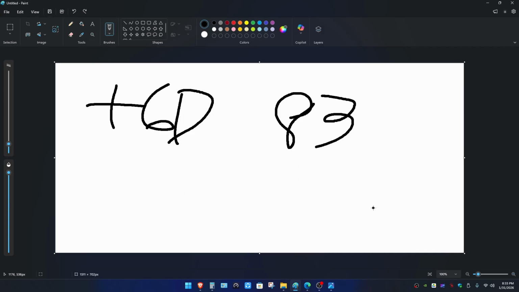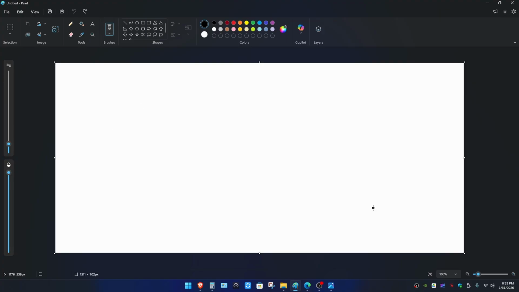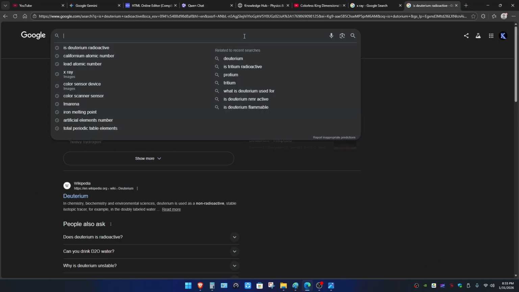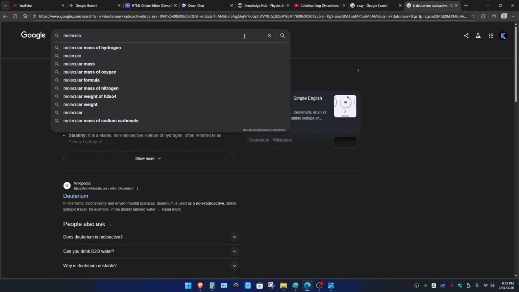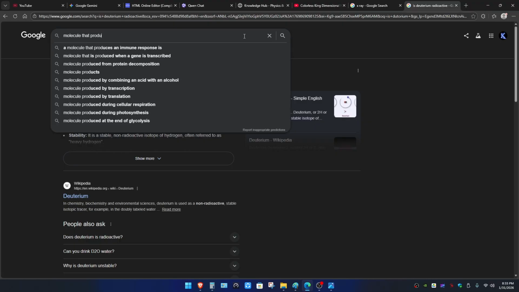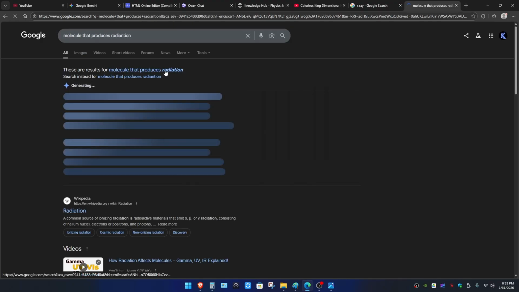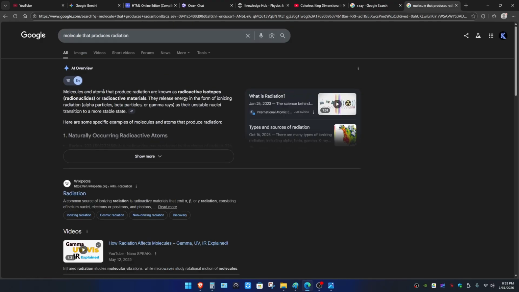Okay, so you might be thinking, how can I be so sure? So if we talk about molecules that produce radiation, molecules and atoms that produce radiation are isotopes, radionuclei.